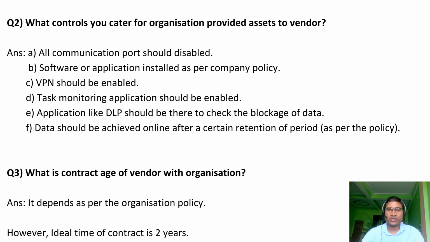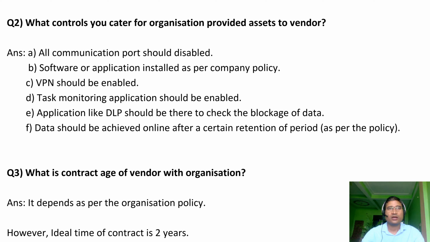Next is software or applications installed as per company policy. As per compliance and regulations, some applications or software are mandatory and should be installed. VPN should be enabled, meaning the latest version and the most reputed VPN should be there. Next, a task monitoring application.